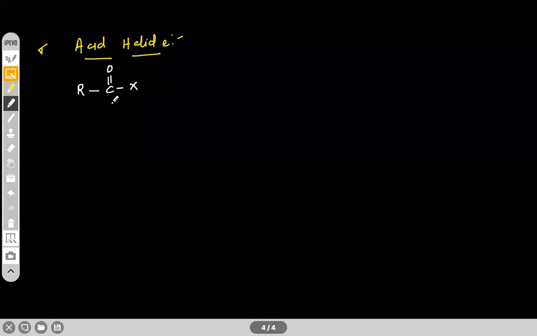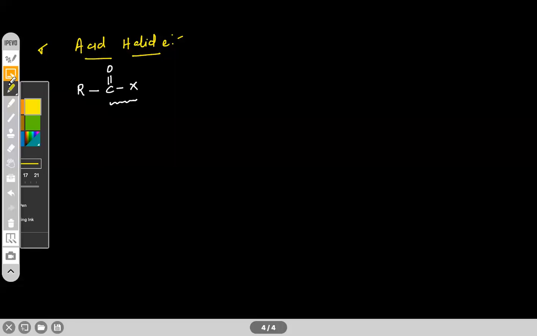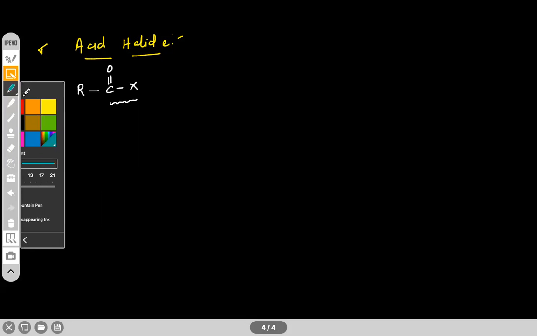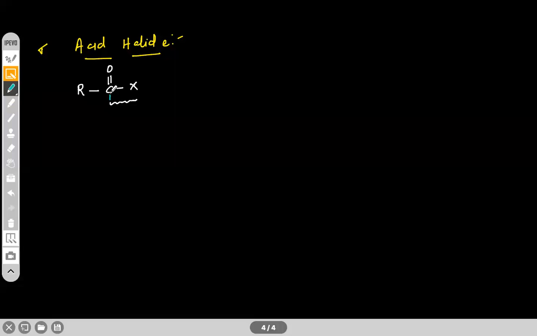C double bond OX means the hydrogen of aldehyde is replaced by a halogen, that is X. Like the rule we have, we again start numbering from this carbon atom: 1, and then we go this side, 2, 3, 4, and so on, depending upon the molecule.